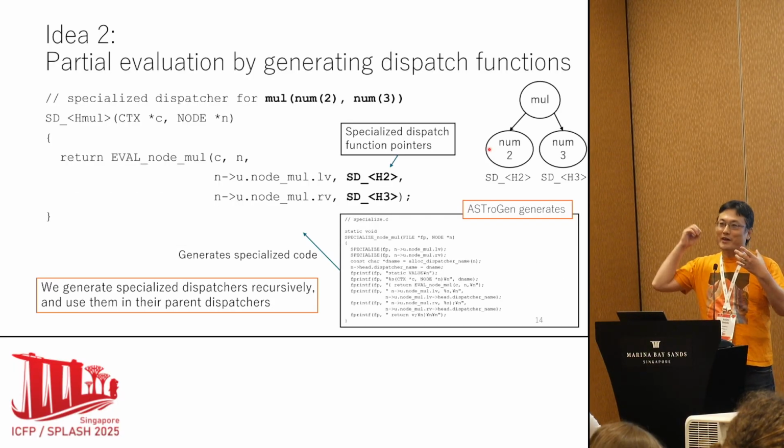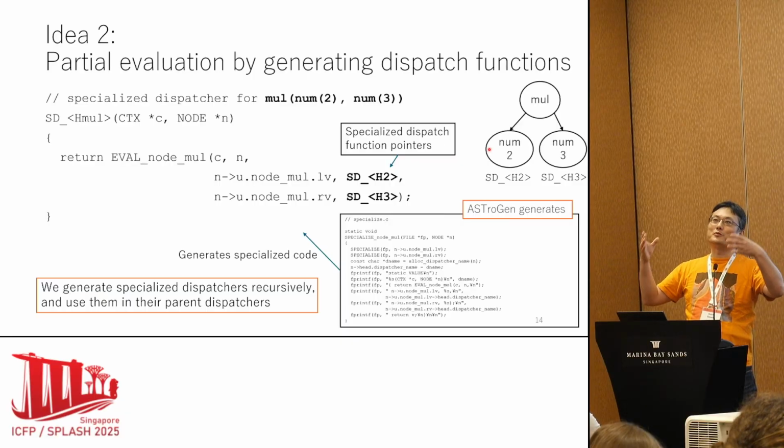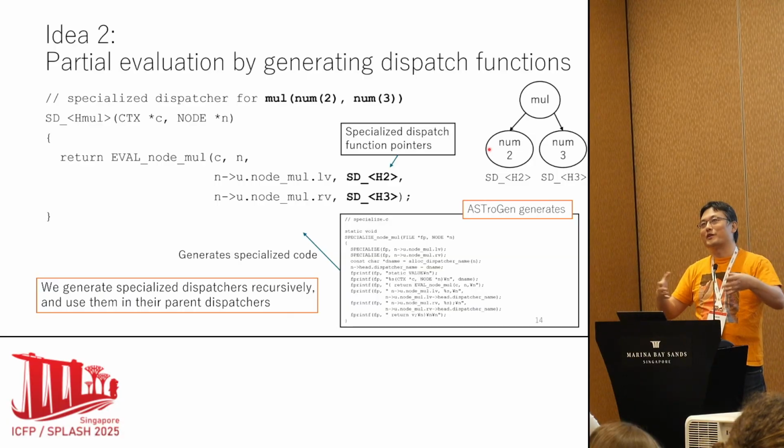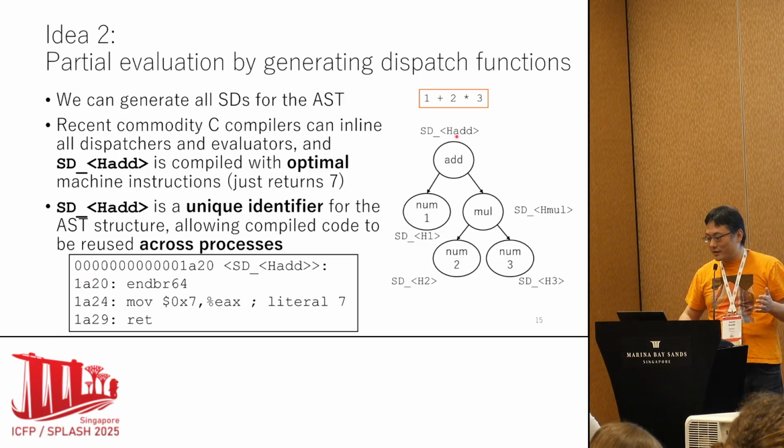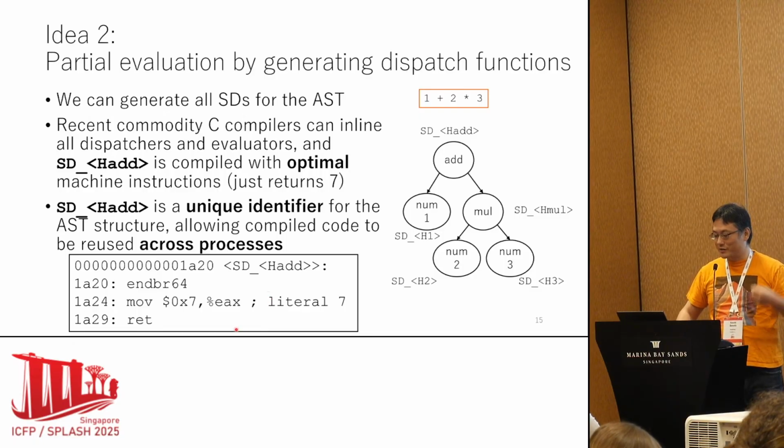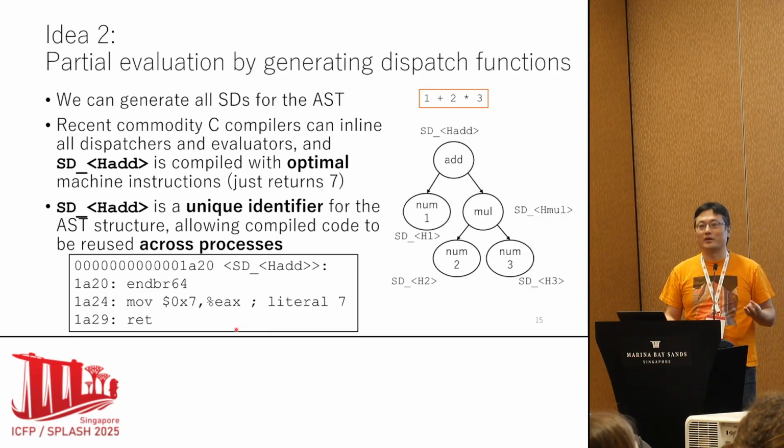So if we pass the concrete program pointer, then the C compiler can inline all of the tree, and this code, the specialized dispatcher, only becomes returning the 7. So these are 3 instructions for the Intel architecture.